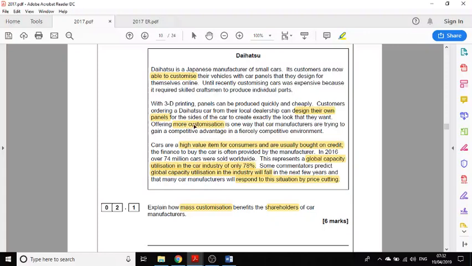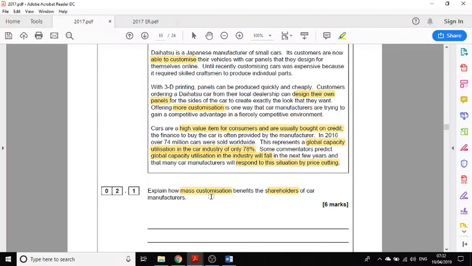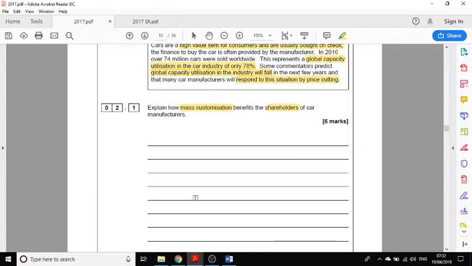It says here about designing their own panels for the side of the car. Because I know what mass customization is, I know that that's going to be relevant. It says here the phrase customization, so I know that I'll be able to pull out information from these two paragraphs to help me answer this question here. And once I get onto answering this question, I would try and link mass customization to shareholders before I answered the question.